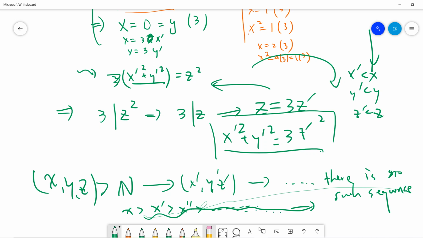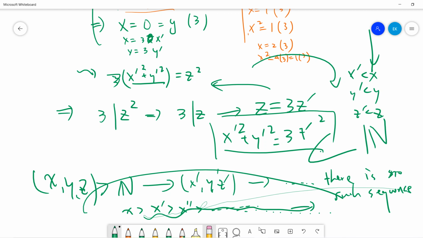You cannot have an infinite sequence where each one is smaller than the previous one, all within the positive integers. So this proves that there is no solution.